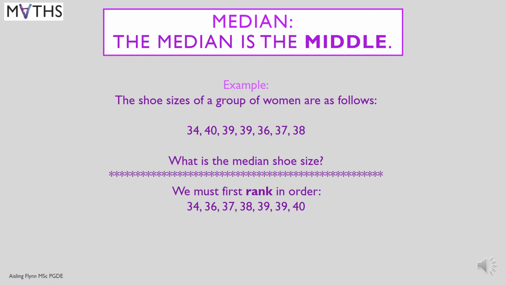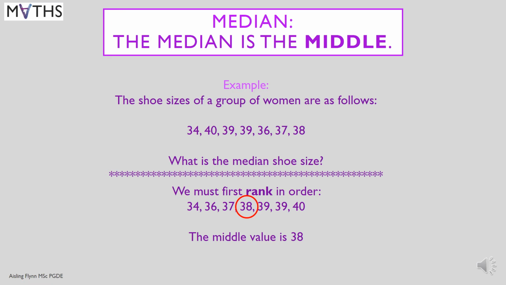Now we're going to find the middle one. How I do this is you just look, in this case, and you have 3 either side of the 38. So 38 is very much in the middle, and we say the middle value is 38.